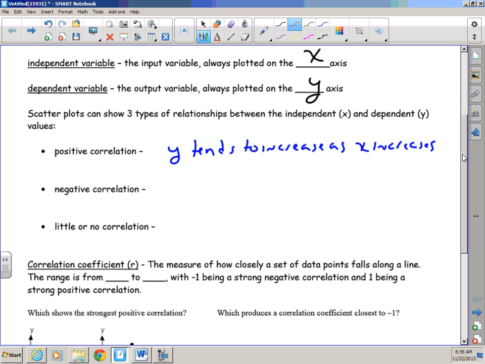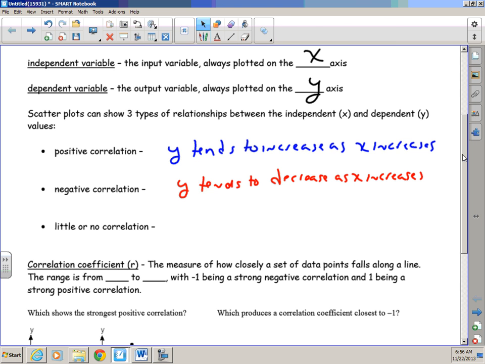A negative correlation: y tends to decrease as x increases. And again, that could be flipped around. You'll see I'm always starting with y because it's y that is the dependent variable.